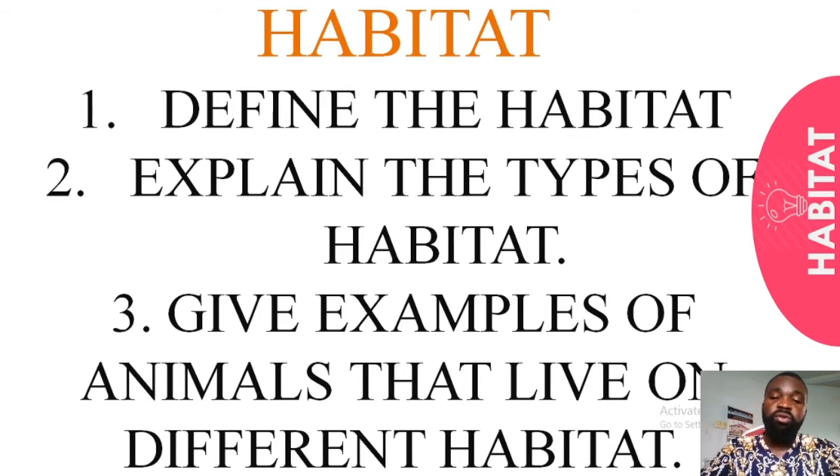Good. So we gave some examples of animals that live in different habitats. Terrestrial habitat, of course, you know yourself, man is a terrestrial animal because he lives on the terrestrial habitat. Dog, goat, and so on.